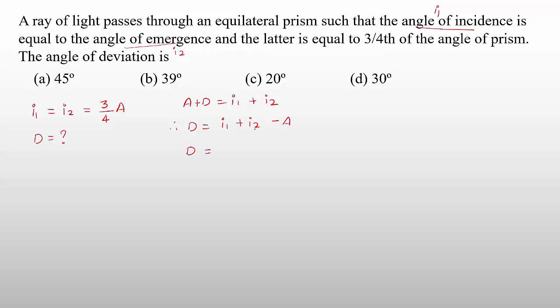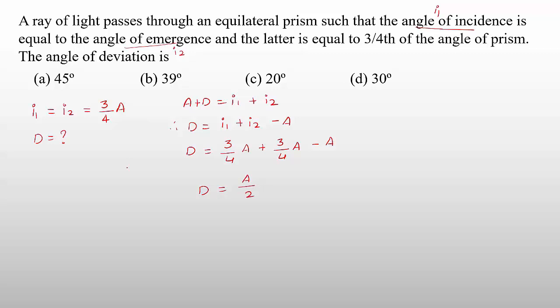Here we know I1 and I2 are equal, right? Which is equal to 3 by 4 times A. So in place of I1 I can write 3 by 4 into A, plus I2 is again 3 by 4 into A, minus A. Now calculate these values. After calculating, I got D equal to A by 2.